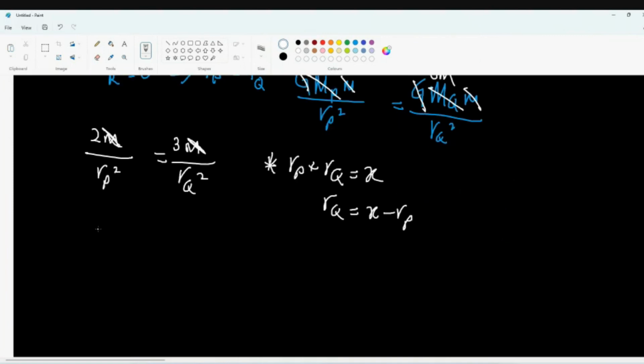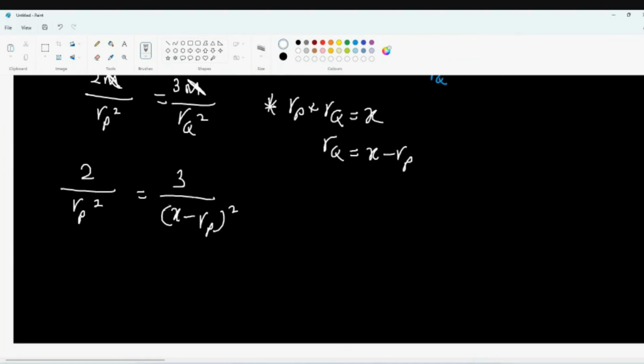So now we only have this. I think you can solve it. 2 over RP squared equals 3 over X minus RP squared. Remove the bracket, so we have 2 times X squared, and minus 2 X RP. Maybe we can do this in a simpler way.